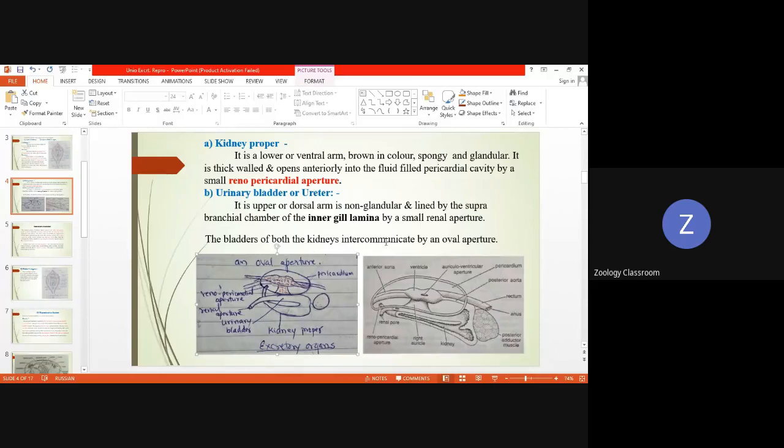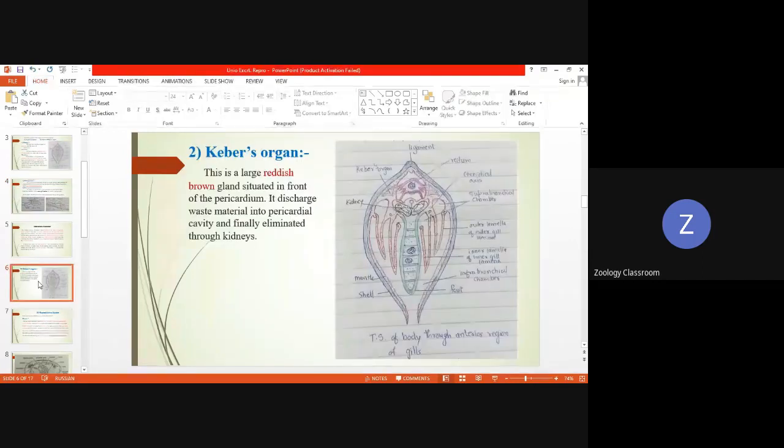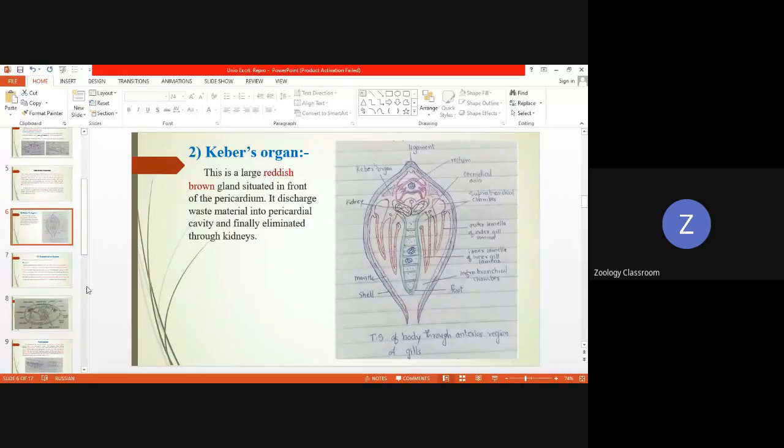This renal aperture opens into the suprabranchial chamber, and from the suprabranchial chamber it is passed to the exterior through the exhalent siphon. In this way the mechanism of excretion occurs. So we have finished the discussion of the excretory system.